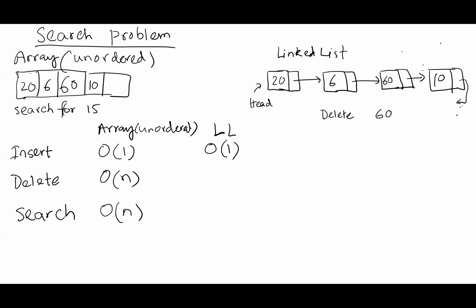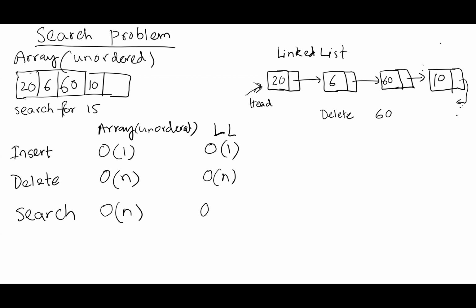I cannot just jump in here. I don't know where 60 is. I have to start from the head and move on to see where 60 is and then do the deletion there. So I may need to go through the whole linked list, and iterating through it may take order of n.